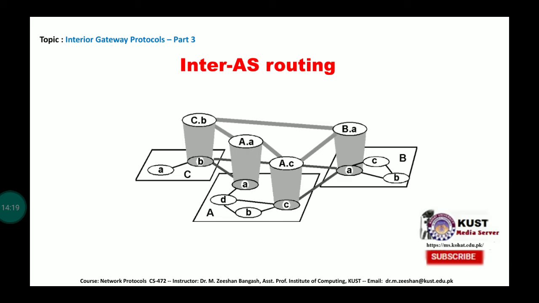How the communication takes place is just a review: this router communicates using another routing protocol, and you can look at it diagrammatically, how the inter-autonomous system routing takes place and the information is shared. So these are the border routers we discussed in the previous slides, which connect different autonomous systems and communicate information with each other.